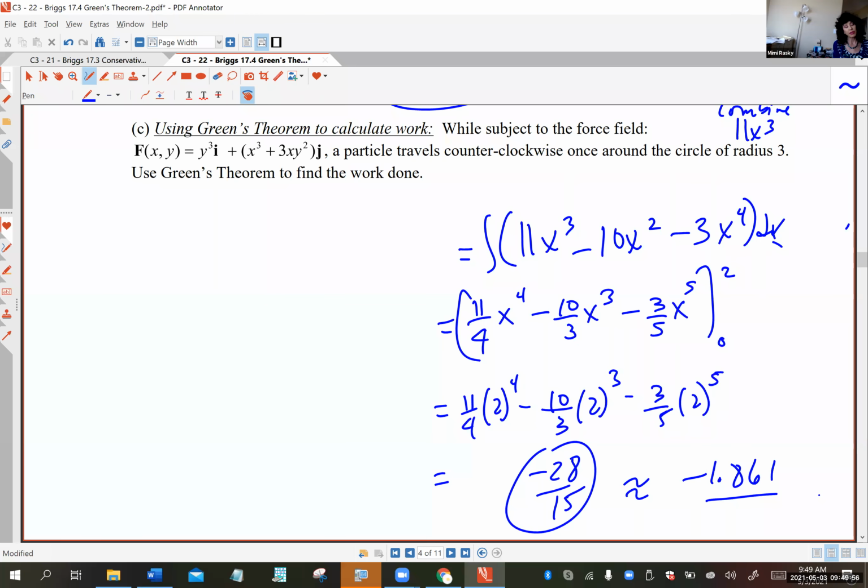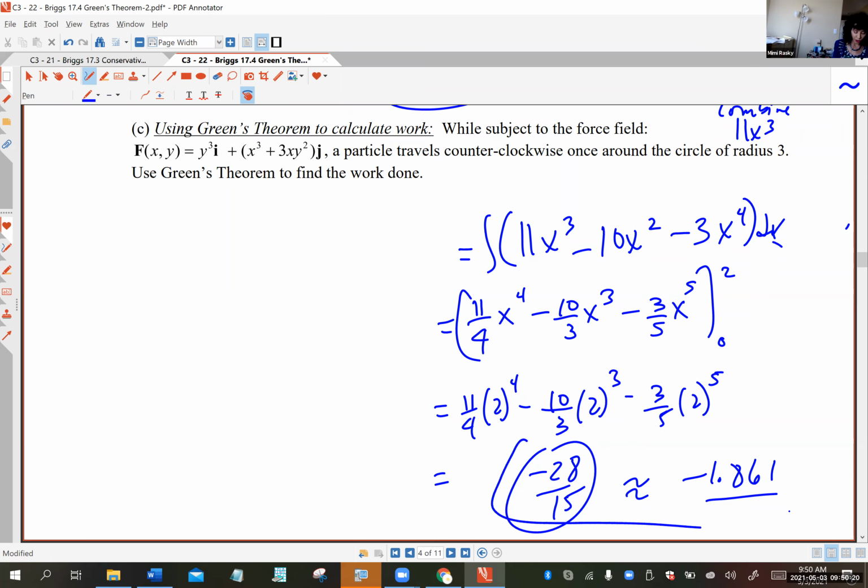Now, when we did double integrals for that last unit, our double integrals primarily would end up to be positive results. Why? Well, because those double integrals represented volumes of solids, or areas of regions, or mass. Okay? So it wasn't okay to get a negative number.